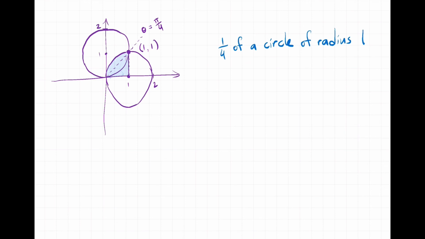If I take away this triangle that's right in here, I don't have the full region that I want, but I'll have half the region I want. So minus the triangle, the right triangle, in fact, with a base and height of both 1. That should give me half the region.